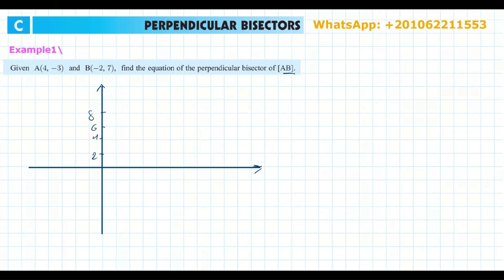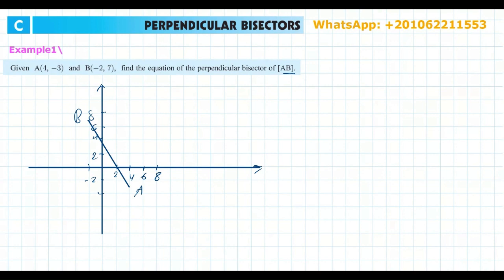The first point is 4 and -3, point A. The next point is -2 and 7, the second point, point B. Then we're going to link between them, from point B to point A.